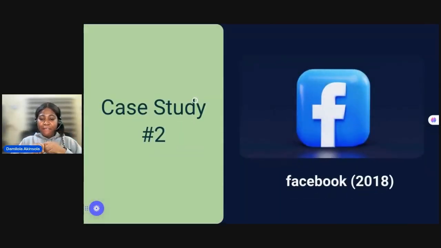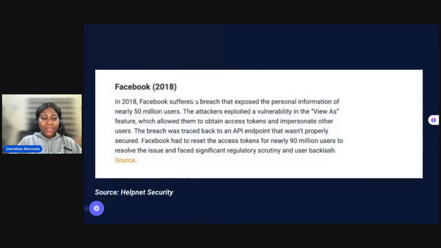Now we have Facebook. What happened to Facebook? In 2018, they also suffered a breach, but this was even bigger, affecting about 50 million users worldwide. So if you were using Facebook at that time, you were probably affected as well. How did attackers exploit the vulnerability? They used the View As feature.